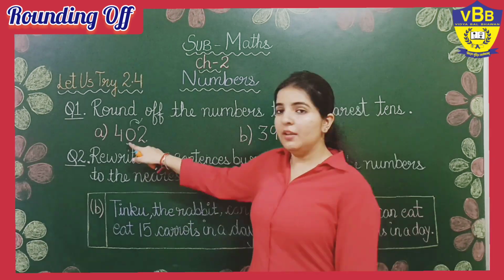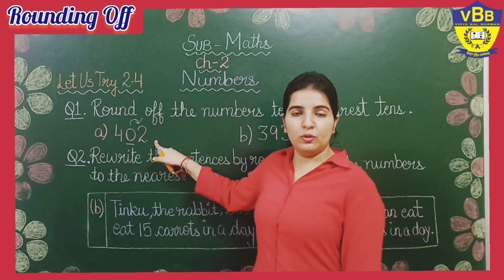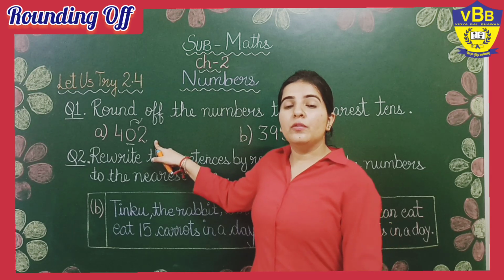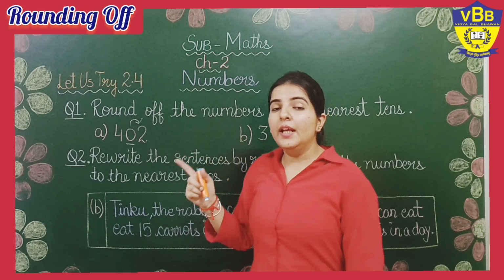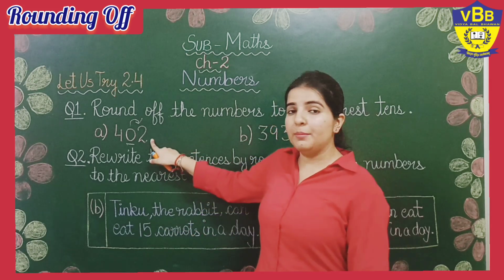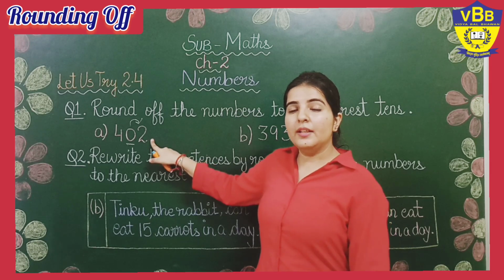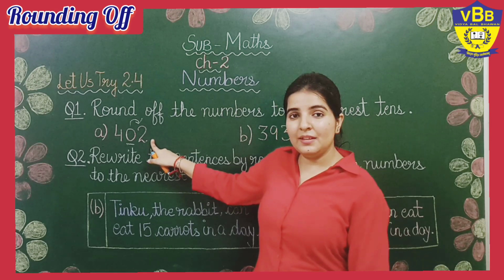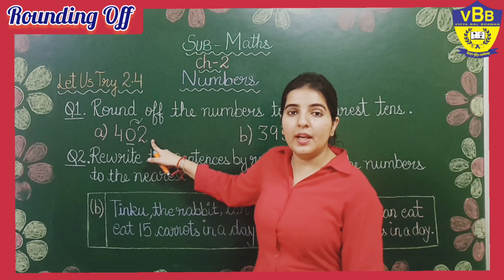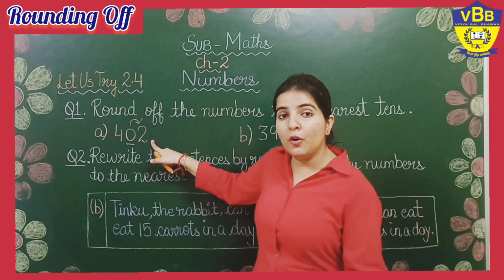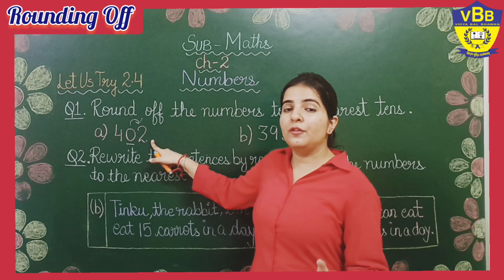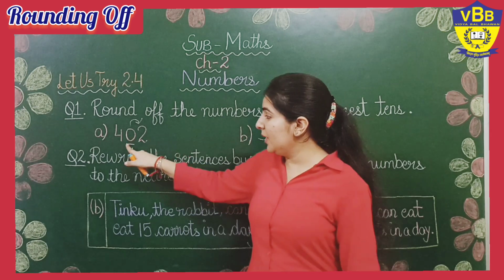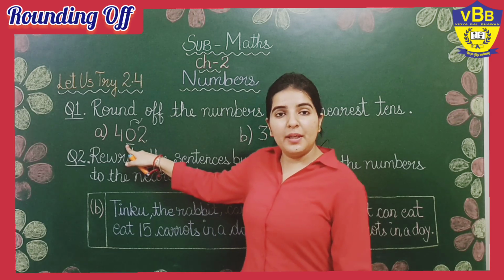Okay, so here the next place after 0 is 2, which is on the ones place, right? Now we have to remember the rule, whether the number is from 5 to 9 or between 0 and 4. So please guess. Yes, the number 2 lies from 0 to 4, and when the number lies from 0 to 4, we make no change. That means 0 will remain 0.